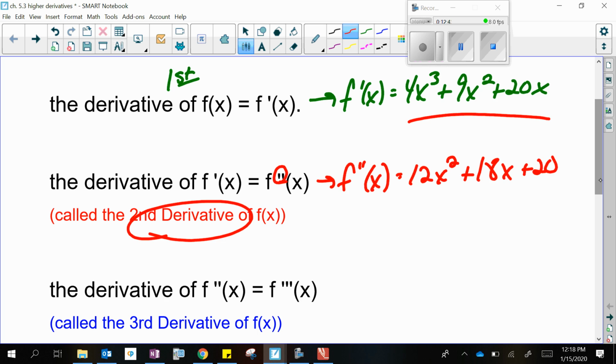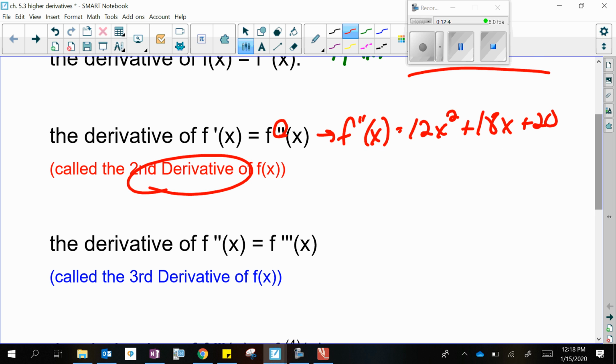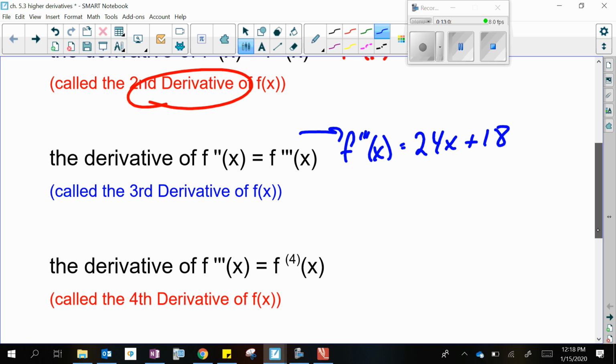And then we can keep going and take the third derivative by taking the derivative of the second derivative. The third derivative would just be three apostrophes. The derivative of the second would be 24x. If you notice, on a polynomial, every time you take a derivative, it goes down one degree.